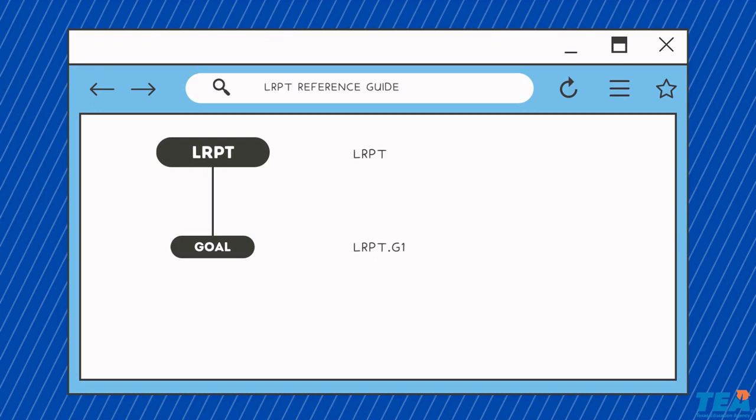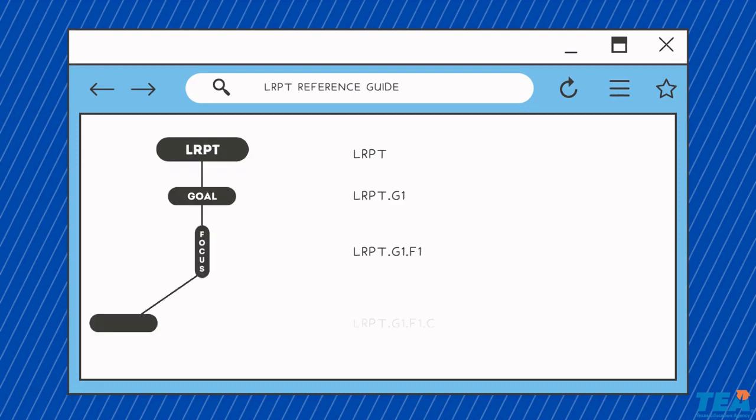Next, you will see the strategic goal listed as G, followed by the goal number 1 through 6. Then, the focus area will be highlighted as F, followed by the focus number within the strategic goal, 1 through 3. Lastly, the current section of the focus area will be listed.